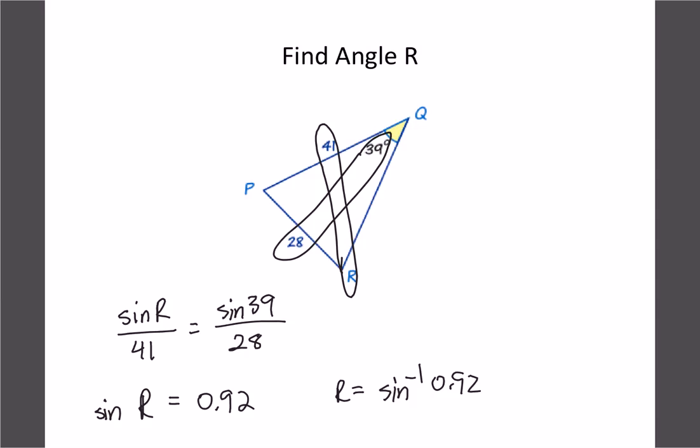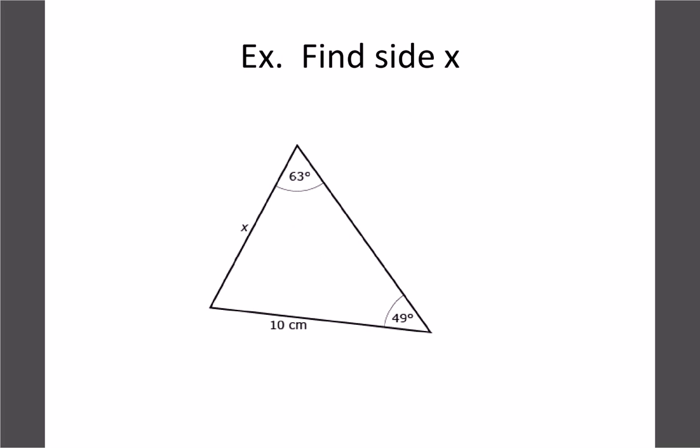So on your calculator, go second sine of that answer, and we'll get an R of 67 degrees for our final answer. So if we know that that one's 67, we could then use the 180 rule to figure out P, or if we're looking for side P, we could use the sine law again over and over. So once you get used to the sine law, it's pretty quick and easy to solve for any side or any angle.